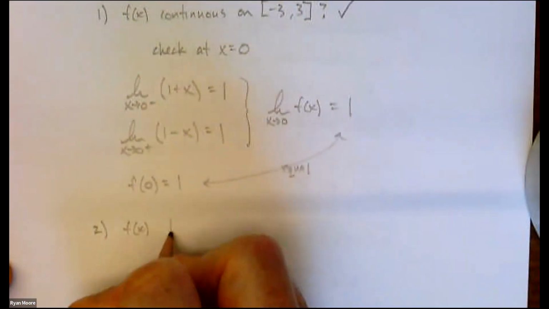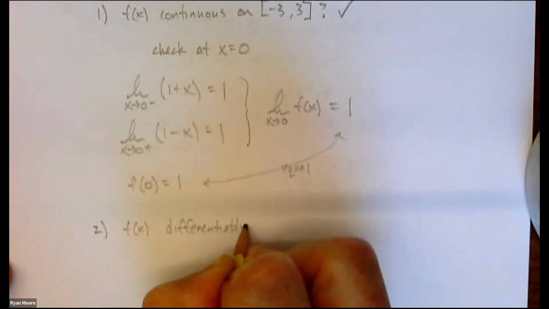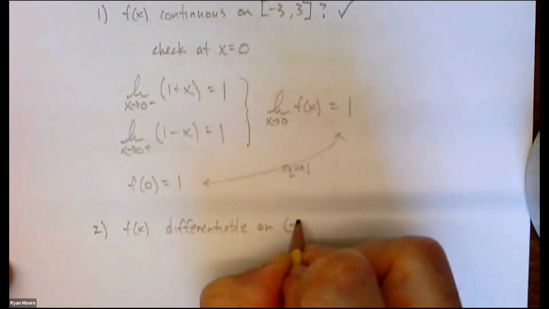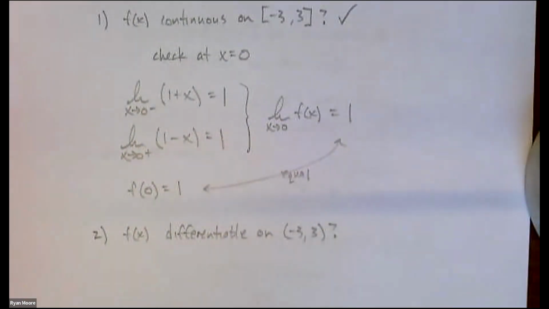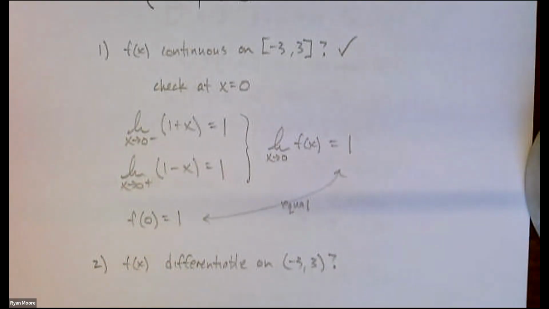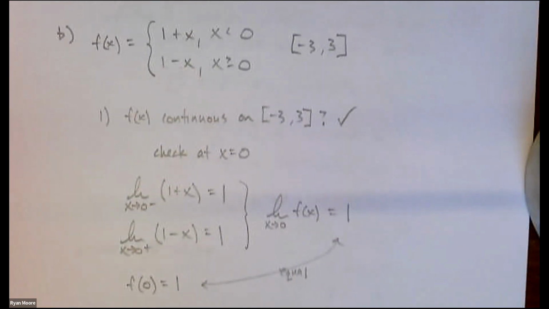Hypothesis number 2, is it differentiable on negative 3 to 3? Well, just because it's continuous does not mean it's differentiable. And it turns out here, it's not going to be differentiable at 0. Why is that?